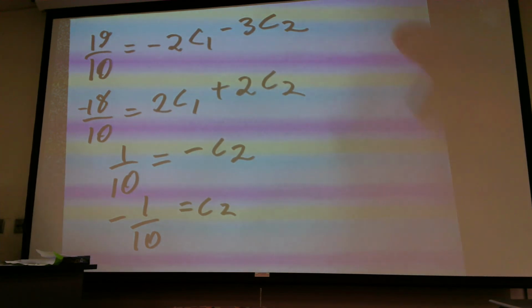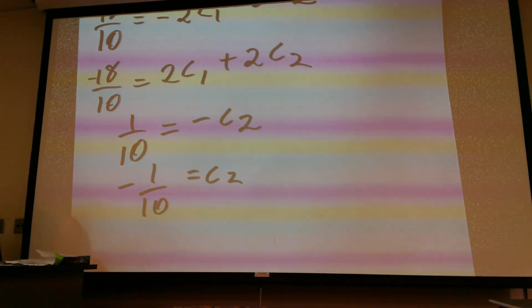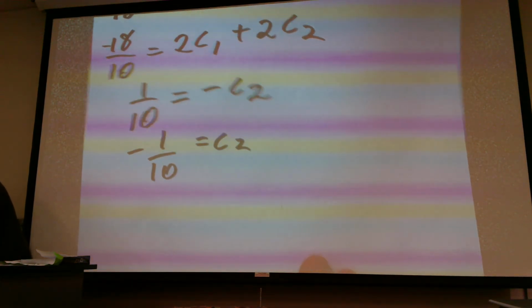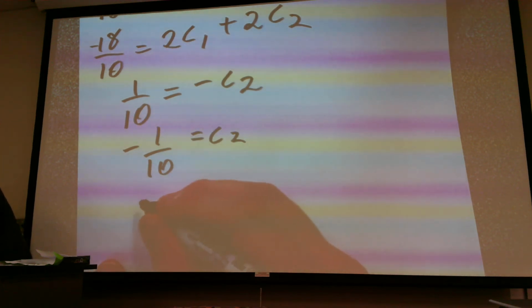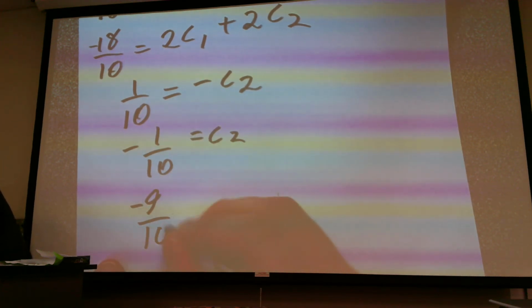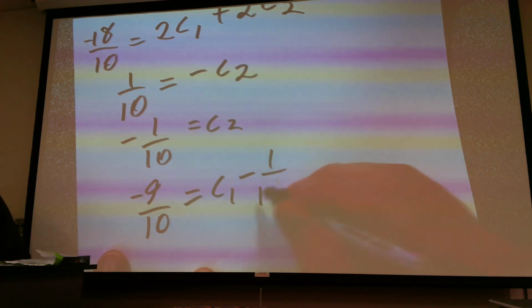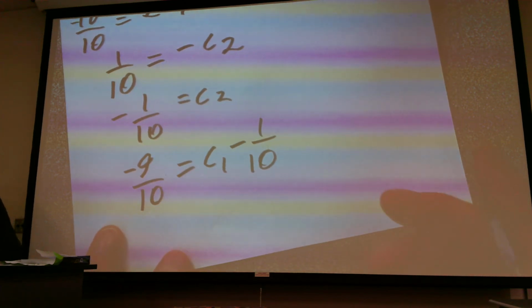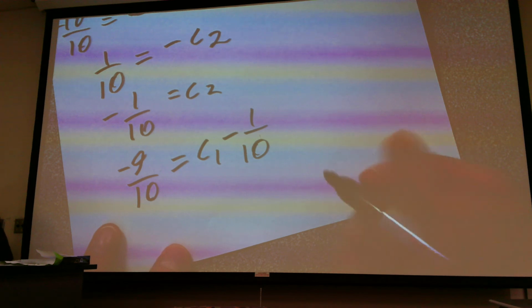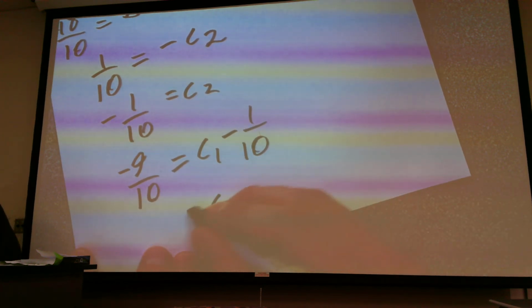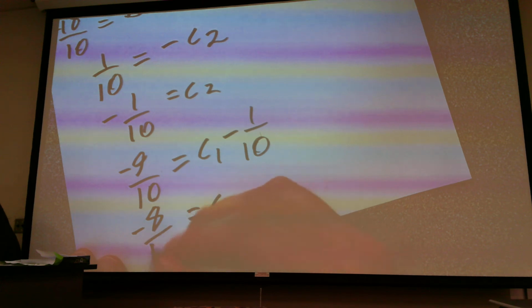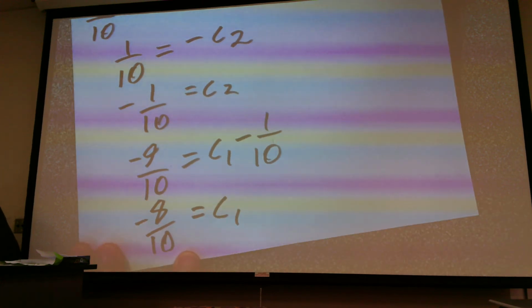Let's go back to which would be easiest to deal with. That's probably easier to deal with, so let's bring it into the first one. So negative 9 divided by 10 was going to equal c1 and minus 1 over 10. If I add 1 over 10 to both sides, that's going to give me that c1 is going to equal negative 8 divided by 10. After all of that, we actually have the solution to the problem.